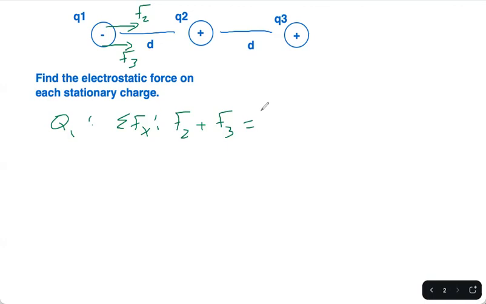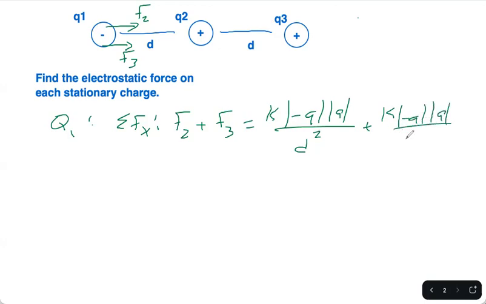Between 1 and 2, that'd be K, and we'll just assume the charge is either Q or negative Q in this case. So I'm going to have K negative Q over d squared plus K negative Q over that total distance, 2d in parentheses, squared.